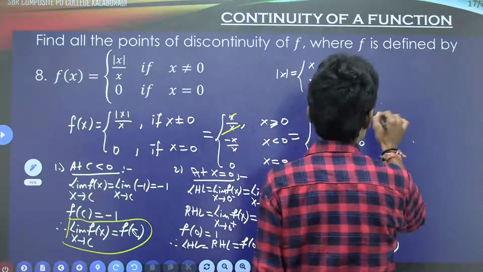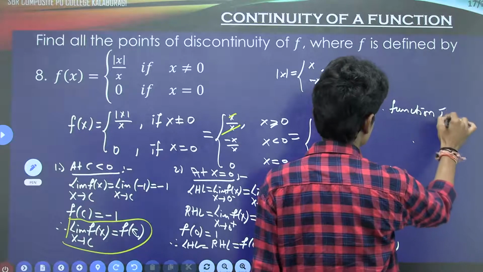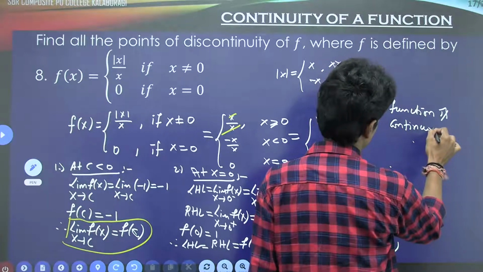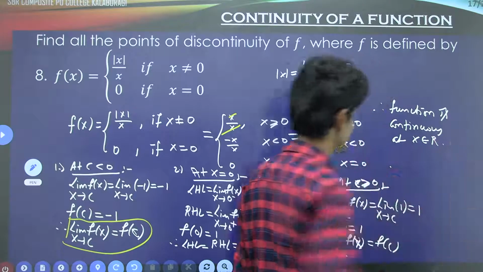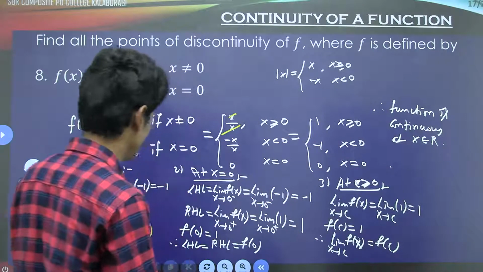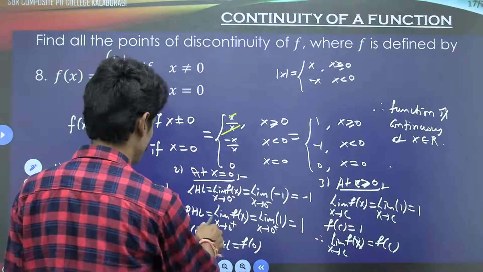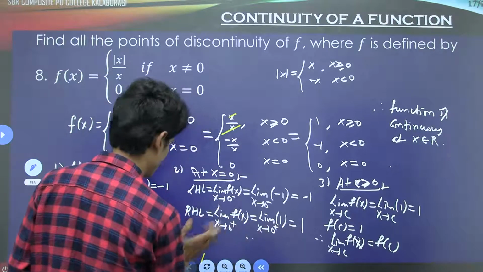What can we write? Therefore, the function is continuous at x belongs to R. In real numbers, the function will be continuous. Exactly at 0, what did you get? Left limit is -1, right limit is +1. Here, left limit is not equal to right limit. If we had written wrong, we just correct it.